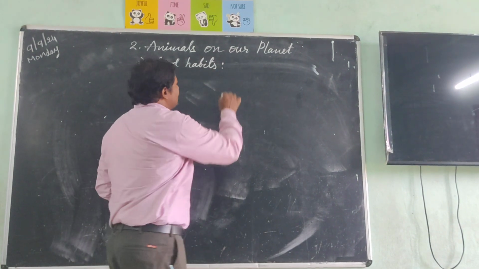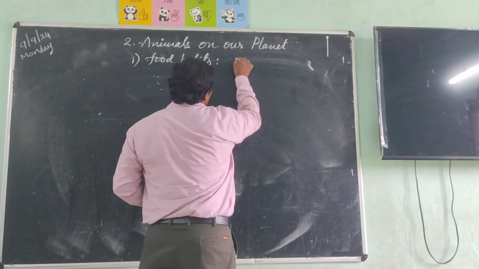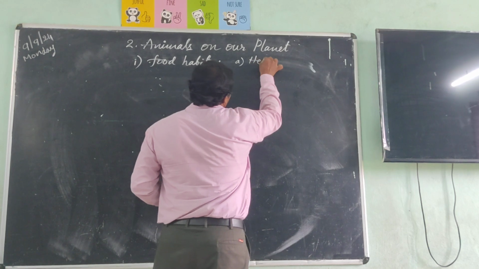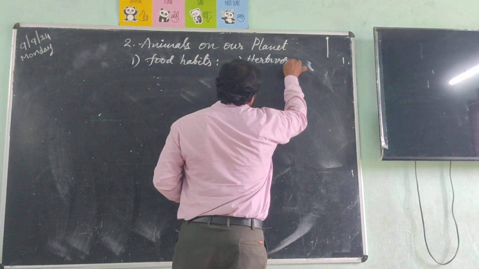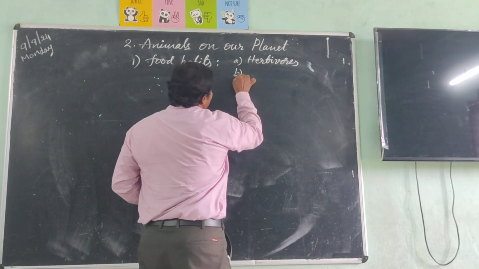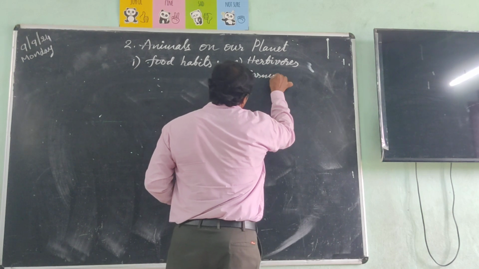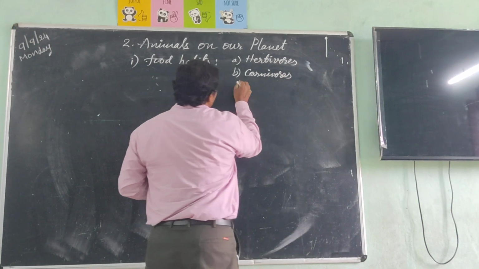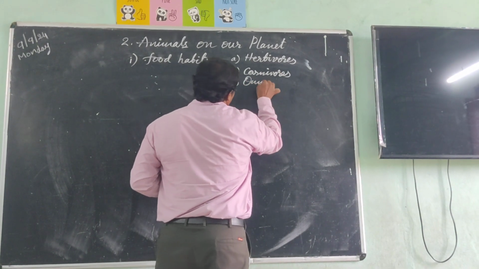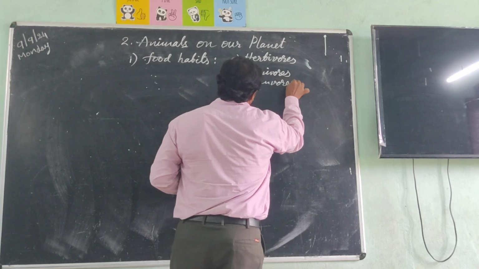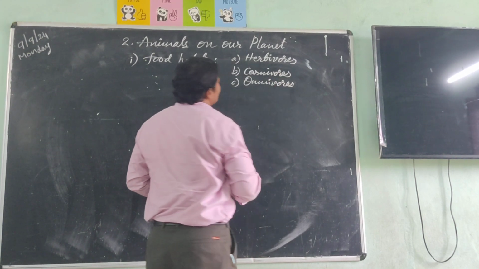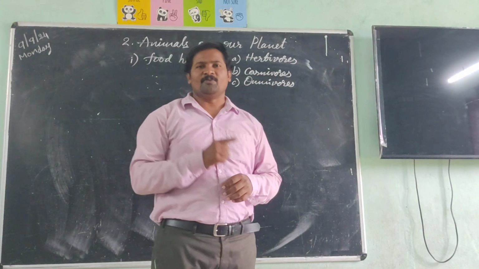Based on these food habits, animals are classified into herbivores, carnivores, omnivores. What are herbivores, carnivores, omnivores?